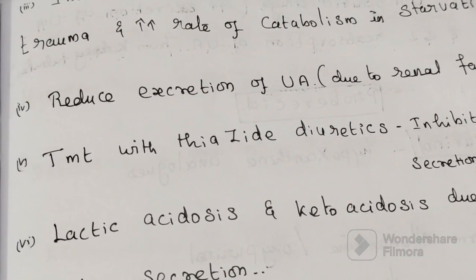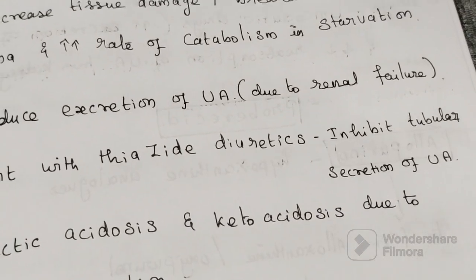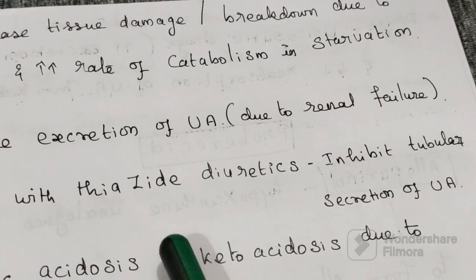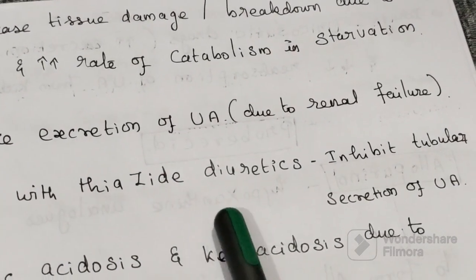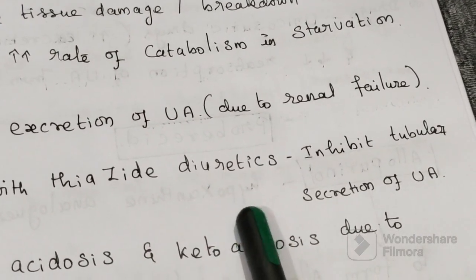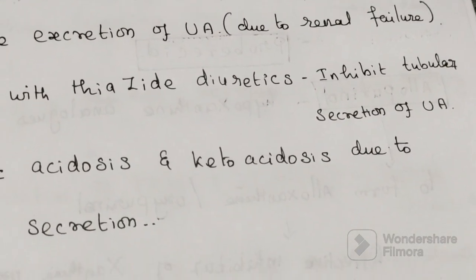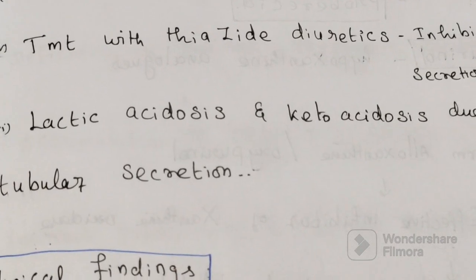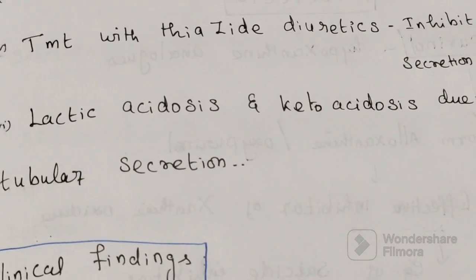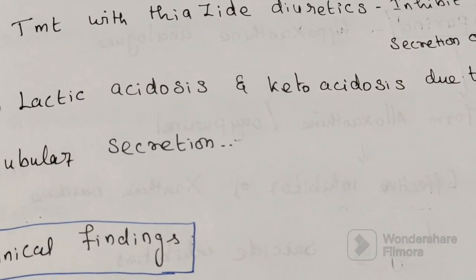Treatment with thiazide diuretic, which inhibits tubular secretion of uric acid. Then lactic acidosis and ketoacidosis, due to reduced tubular secretion. These are the secondary causes of gout.